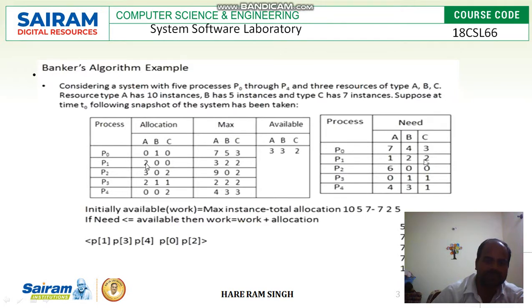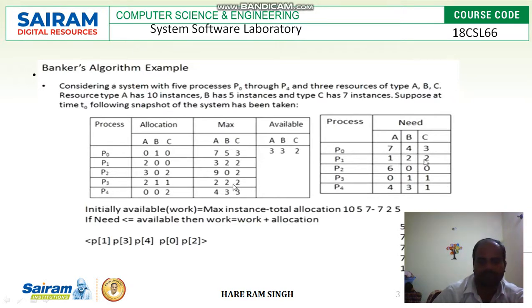Similarly, 2 instances of A, 0 of B and 0 of C are allocated to P1. Then 3 instances of A, 0 of B and 2 of C are allocated to P2. 2 instances of A, 1 of B and 1 of C are allocated to P3. 0 instances of A, 0 of B and 2 of C are allocated to P4.